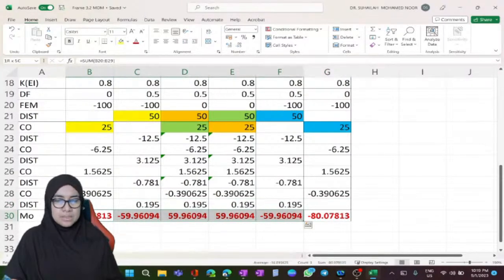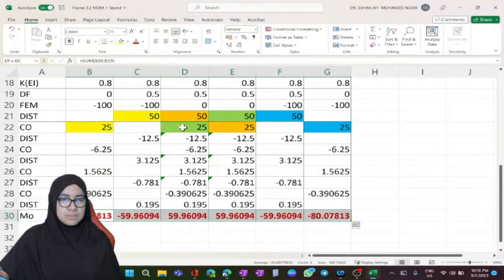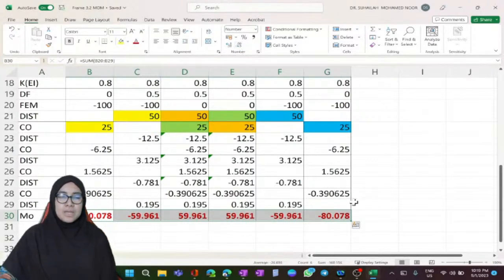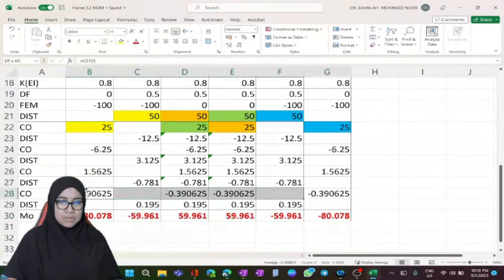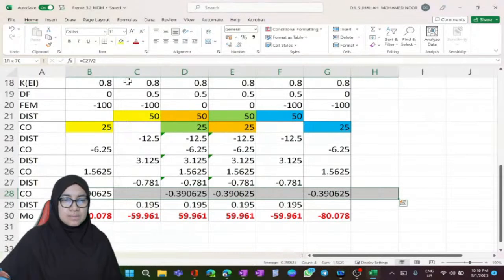Okay, the answer is like this, 3 decimal places.